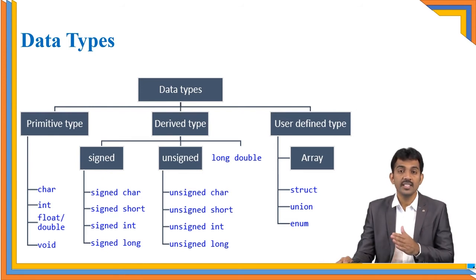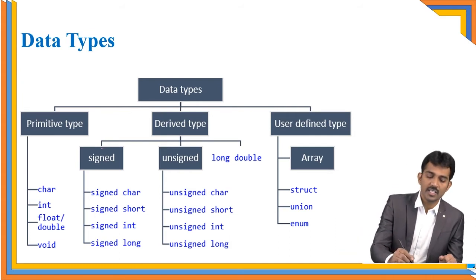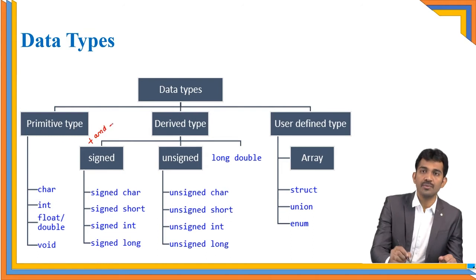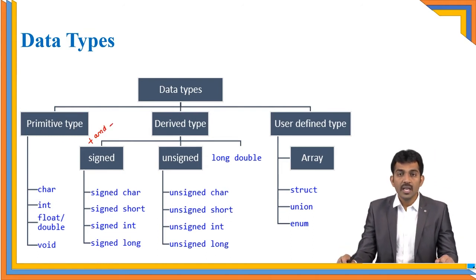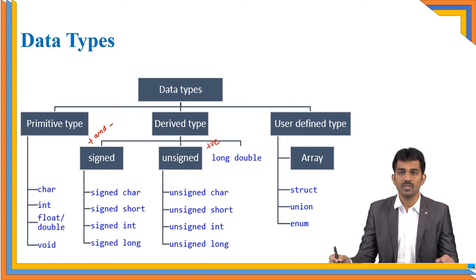Signed allows positive and negative, and unsigned allows only positive values. That is the difference.